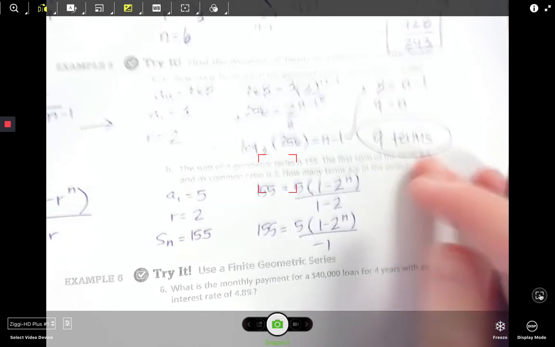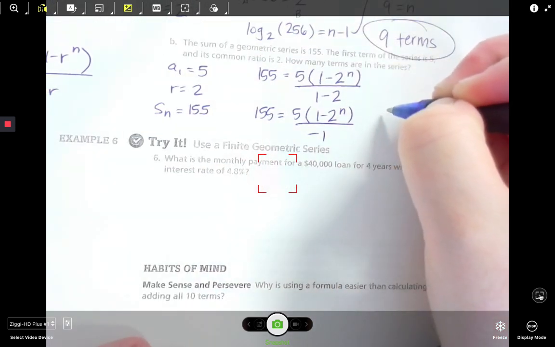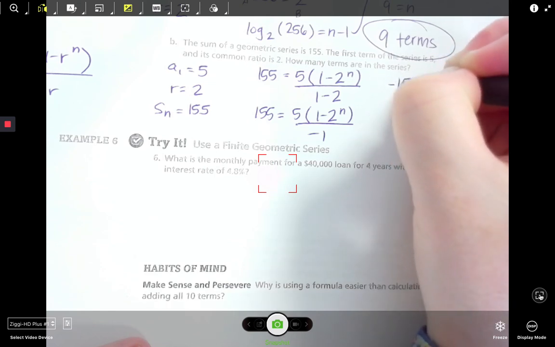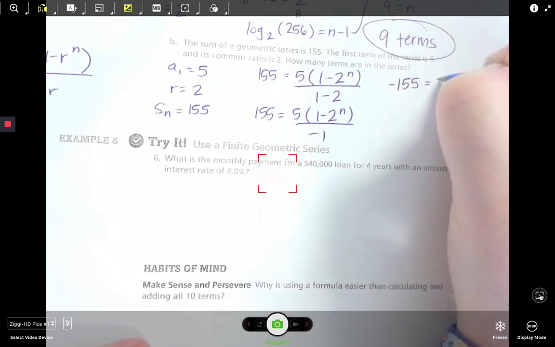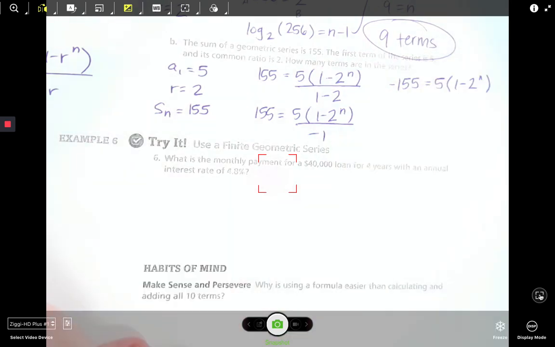Multiply both sides by negative 1, and I got negative 155 is equal to 5 times 1 minus 2 to the n power. You could distribute the 5, but what I would suggest is to divide by 5.